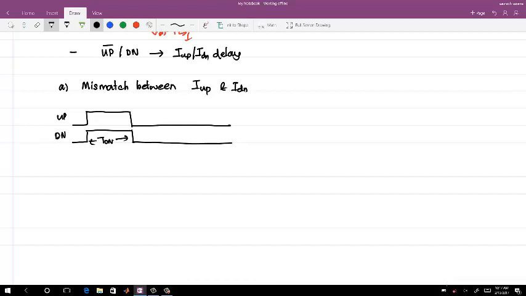Or rather, let's say I down is greater than I up, then you will have a current like this. Let me make it a little bit bigger. And this is equal to I down minus I up, given that I down is greater than I up. There's nothing special about it; I up can be greater than I down. This one is ICP.